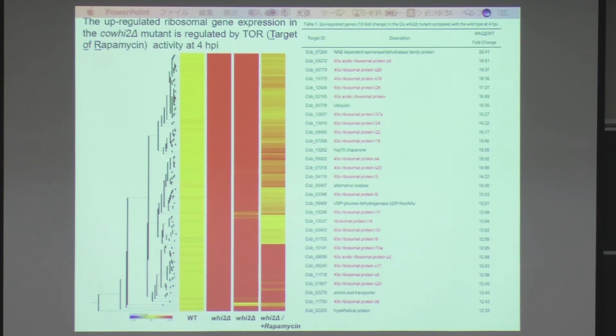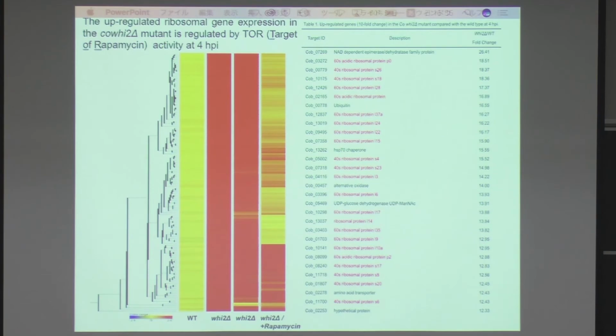Out of them, the interesting thing is that those genes include ribosomal protein related genes, as listed in this table. And it was reported in mammals and Saccharomyces cerevisiae that the expression of ribosomal protein is regulated by TOR signaling, target of rapamycin signaling.